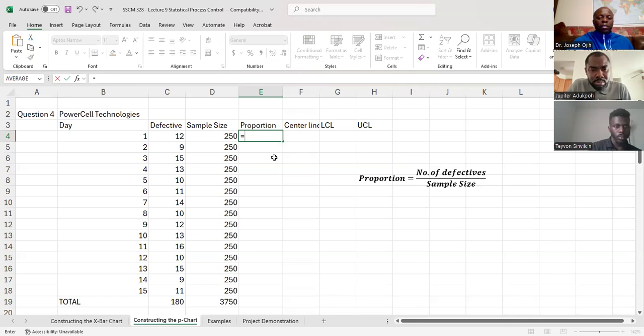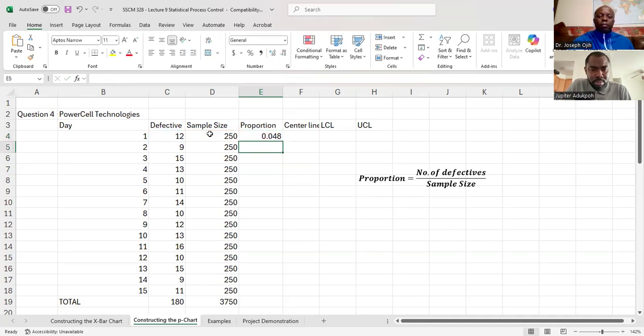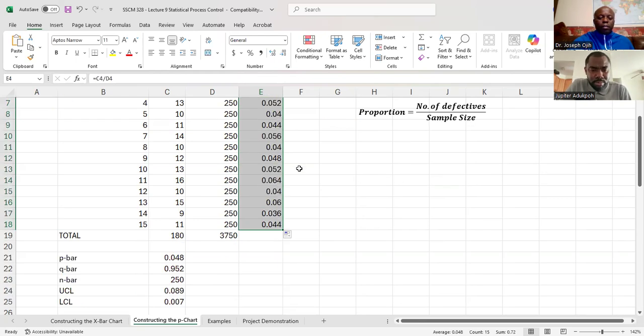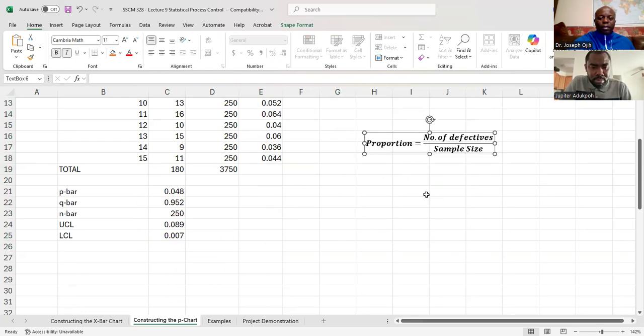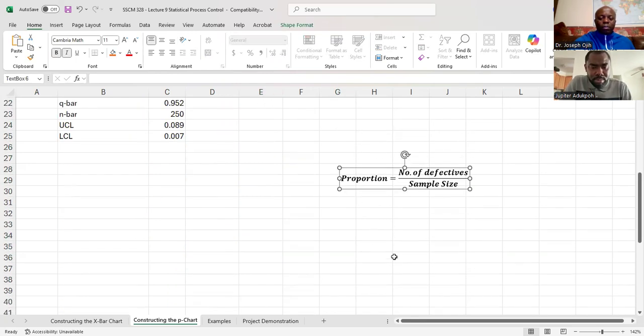The number of defective is right here. Click on it. Divided by the sample size. Then press the enter key. Then copy it down. See this cross become a skinny cross, double click at that point, for all of them. Now let's take the formula away, since it has done the job.